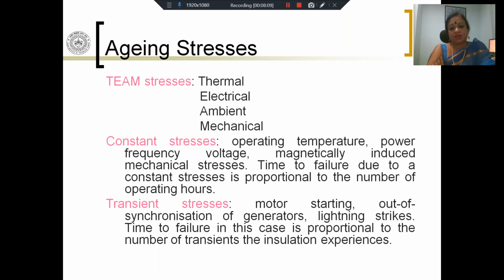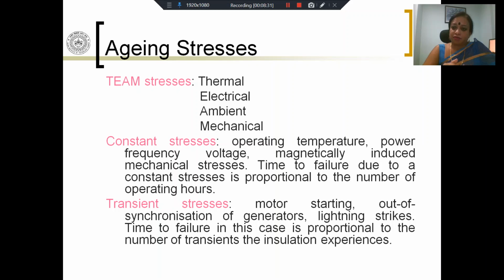Examples of constant stresses are operating temperature, power frequency voltage, and magnetically induced mechanical stresses. Time to failure due to the constant stresses is proportional to the number of hours. So for example, if you apply 200 degrees centigrade for 10 hours, it may not break down, but at 15 hours, it will break down.